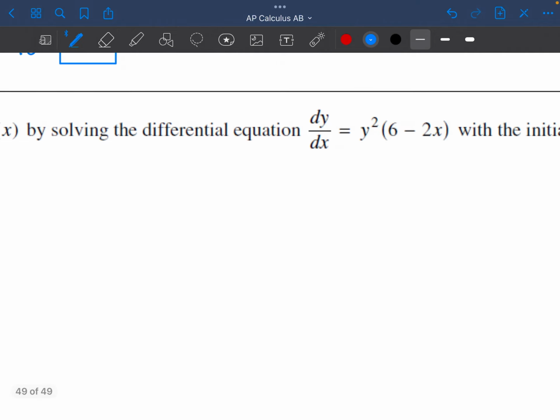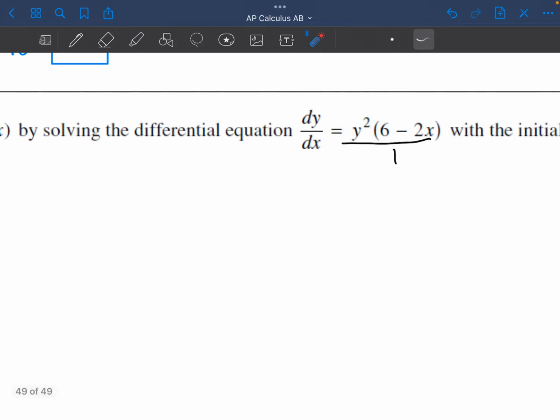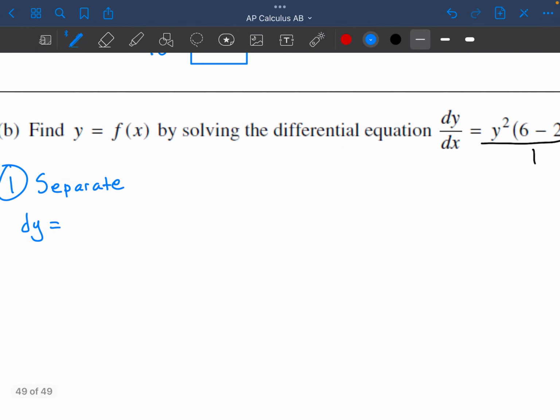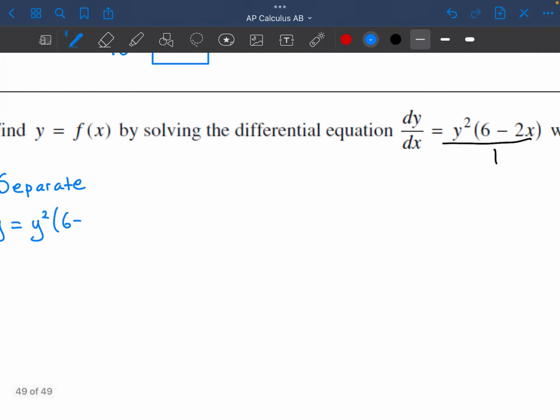I'm going to think of this as being divided by 1, so I can cross multiply. When I cross multiply the dy times 1, I get just dy. So I get dy is equal to, all right, cross multiply the other direction, and I get all that stuff with a dx. So I'm going to get y squared times 6 minus 2x, right?